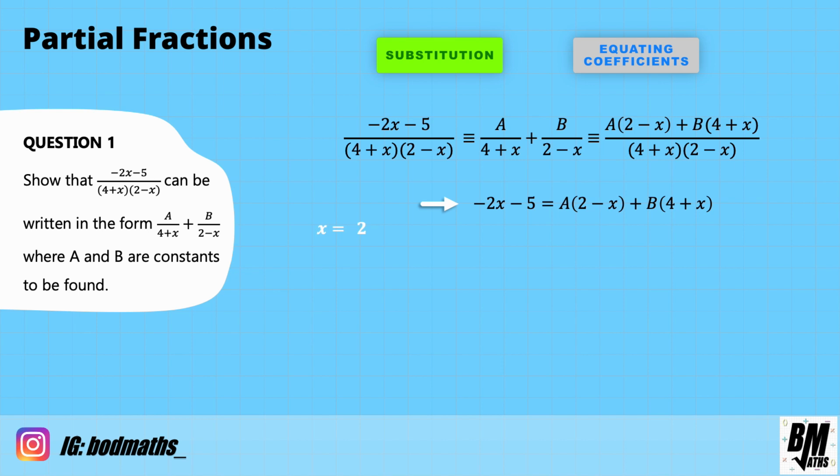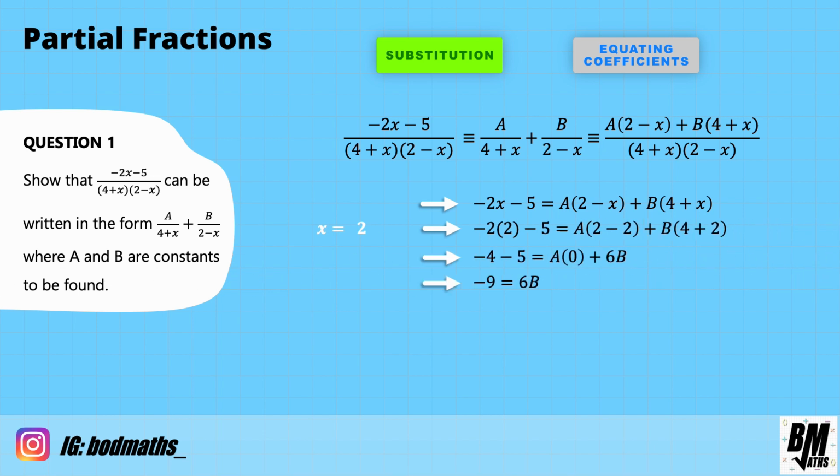And all we do now is substitute x equals 2 back into that expression, which becomes this line here. Now we can expand and simplify to eventually get minus 9 equals 6b. We now end up with minus 9 over 6, which simplifies to minus 3 over 2 equal to b, and that's the first constant we have found. Now that we've found b, we can go on to finding a.